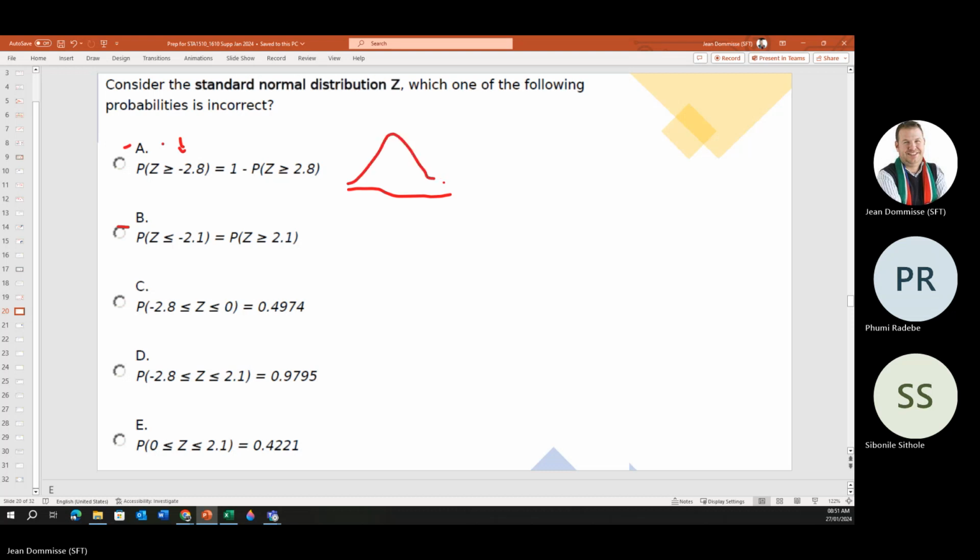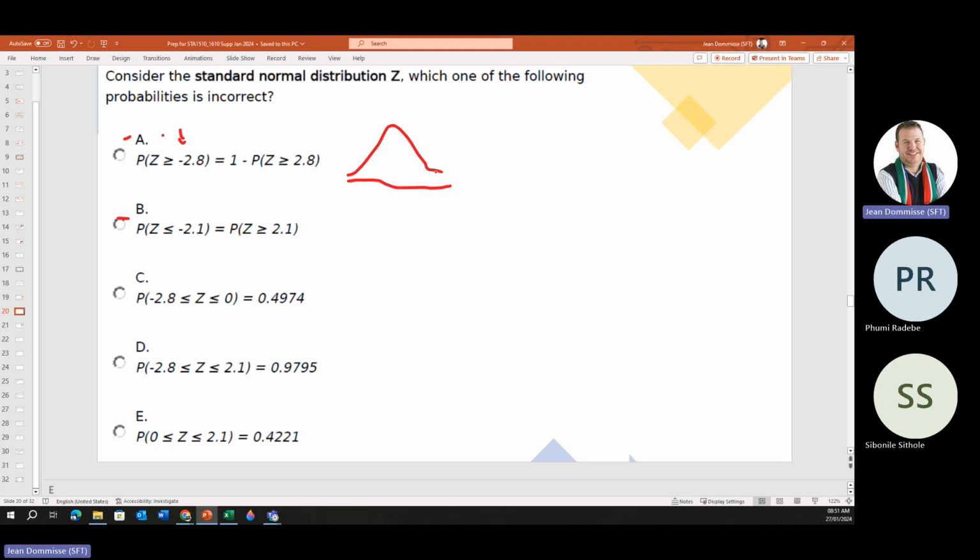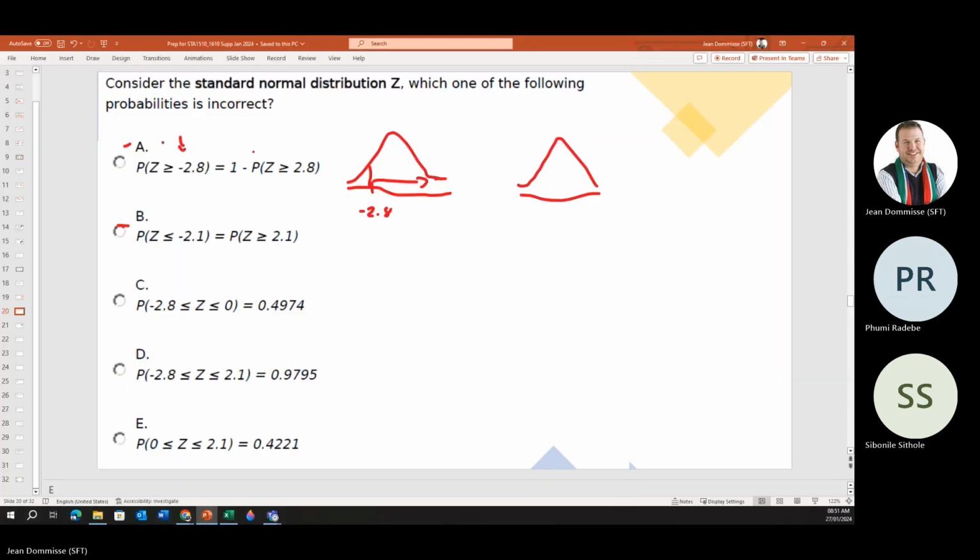So, and there goes my screen again. So Z bigger or equal to minus 2.8? Okay, so it's basically that whole area. So let's look at the other one. One minus Z bigger or equal to 2.8.